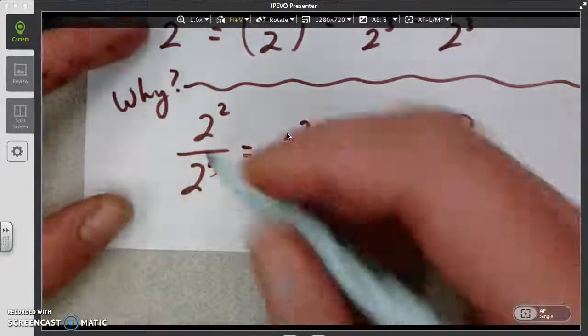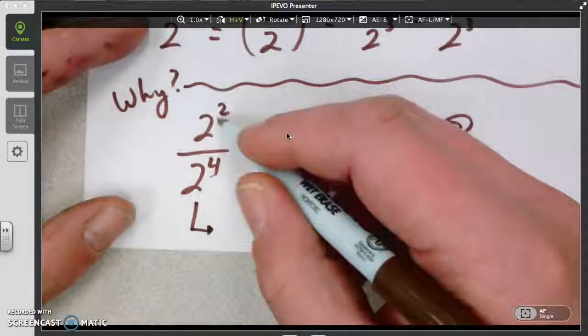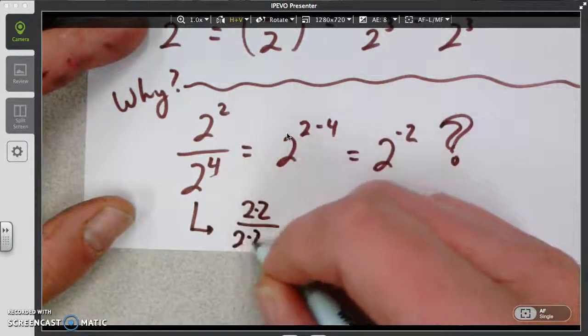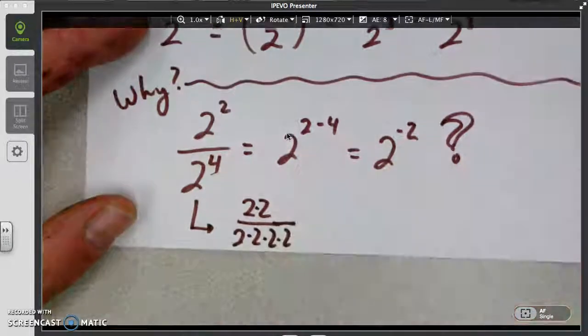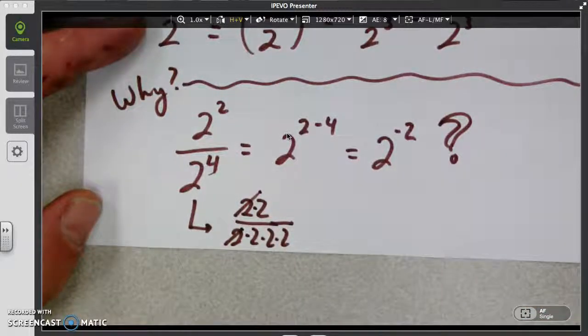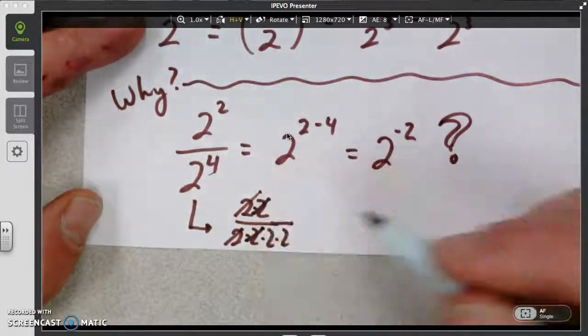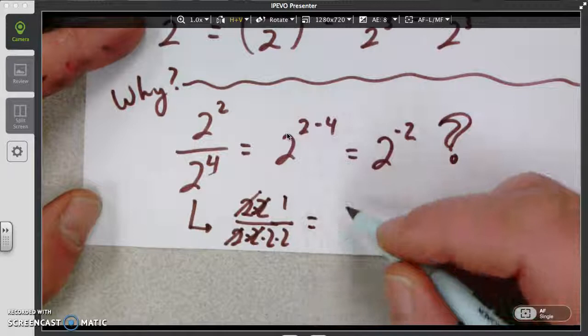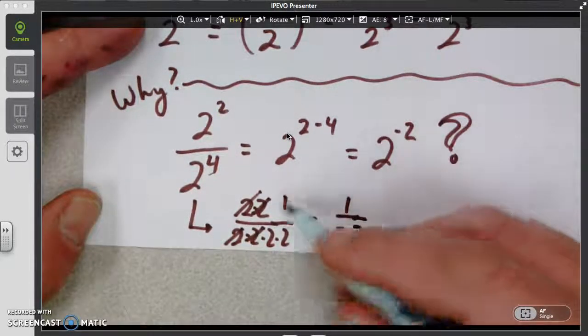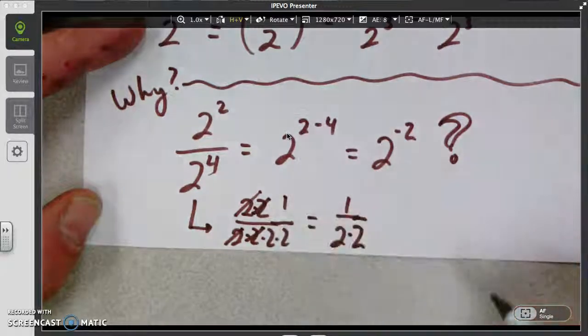Okay, so let's try this our other way. 2 to the 2 is 2 times 2. 2 to the 4 is 2 times 2 times 2 times 2. Now what's going on here, 2 divided by 2 is 1, and 2 divided by 2 is 1. So we have 1 on top, and that's where we get the 1 on top.